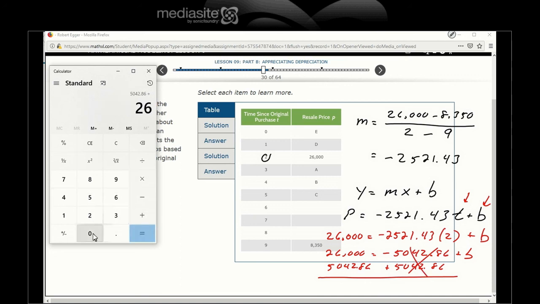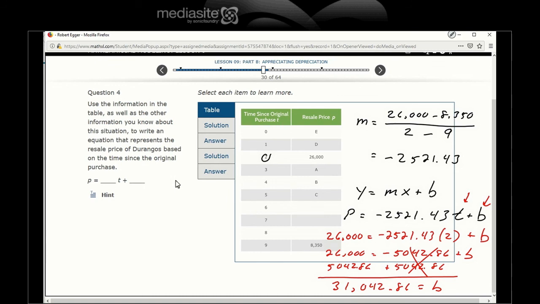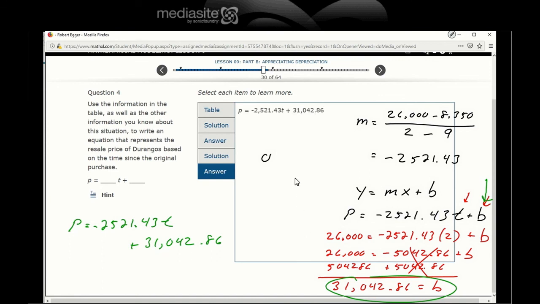So plus 26,000, that's going to be 31,042.86 is b. So put the value we just calculated into here. Now it gives us that P equals minus 2521.43t plus 31,042.86.